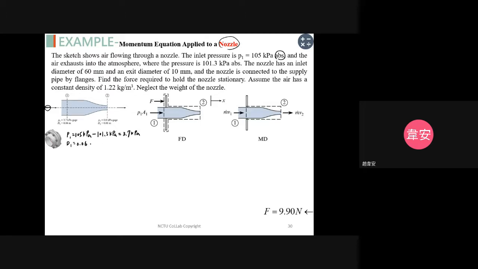So that means the cross-section area A1 is equal to π/4 times D1 squared.